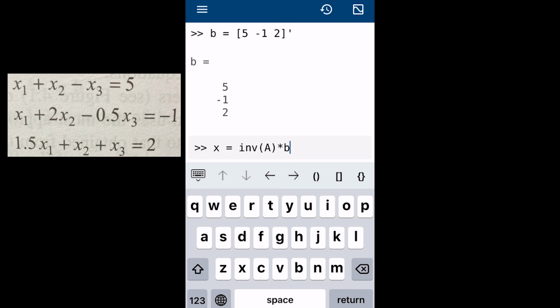Just press return. You have got the answer in the form of vector x equal to 6.3636, minus 4.4545 and minus 3.0909, right? This means the first row, 6.3636, corresponds to x1. x2 is equal to minus 4.45. x3 is equal to minus 3.09. So this is the answer using the inverse method.